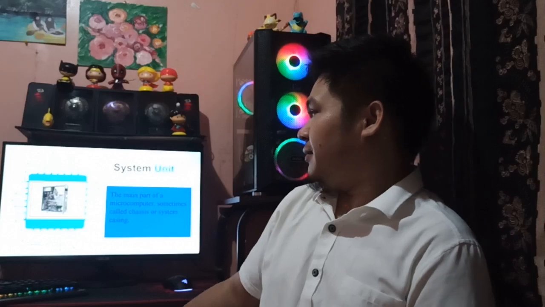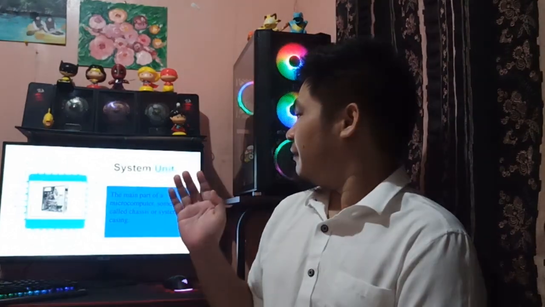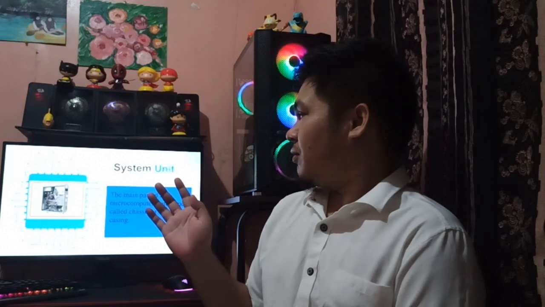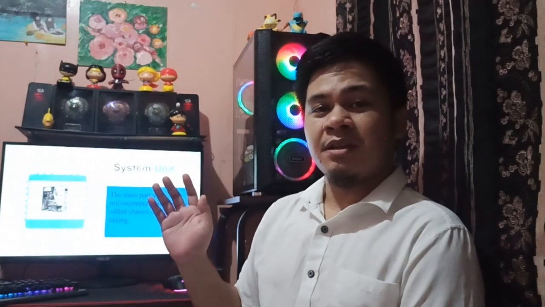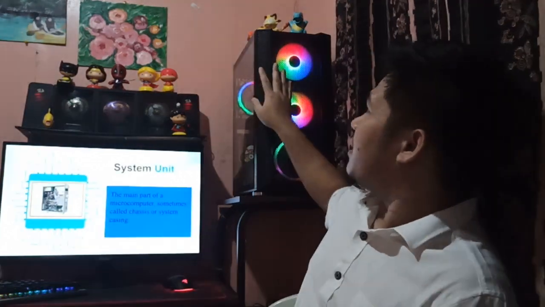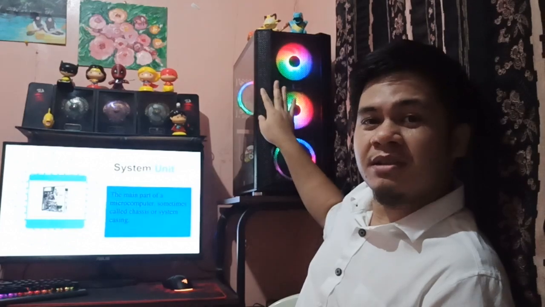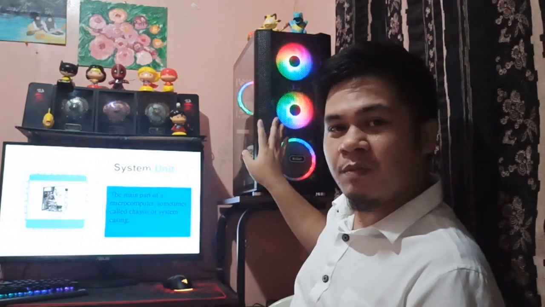So, as you can see, this is a system unit. People commonly mistake this for a CPU, but this is not a CPU because this is a system unit.